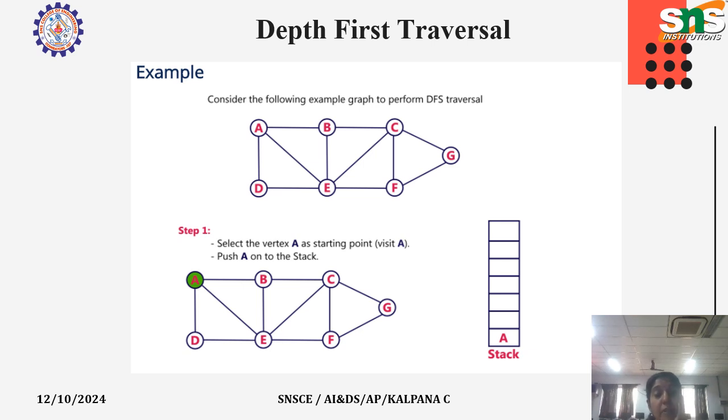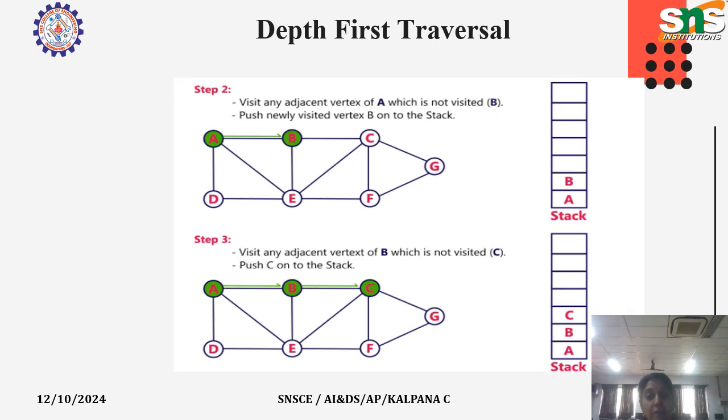So next, consider this example graph to perform depth first traversal. This is the graph we have chosen. Select a vertex A as the starting vertex and push A onto the stack. Now your stack contains A. Then find any adjacent vertex of A, not all the adjacent vertices.